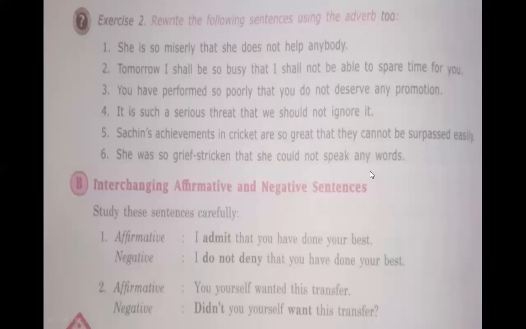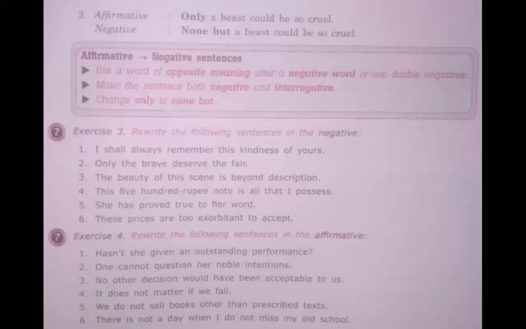Though it is interrogative, the sense is negative. So when the sense is negative, we are conveying the same meaning. Didn't you yourself want this transfer? So it gives the same sense, that you were the one who wanted the transfer yourself. So we need to see that some small tricks are applied over here to change the sentences.